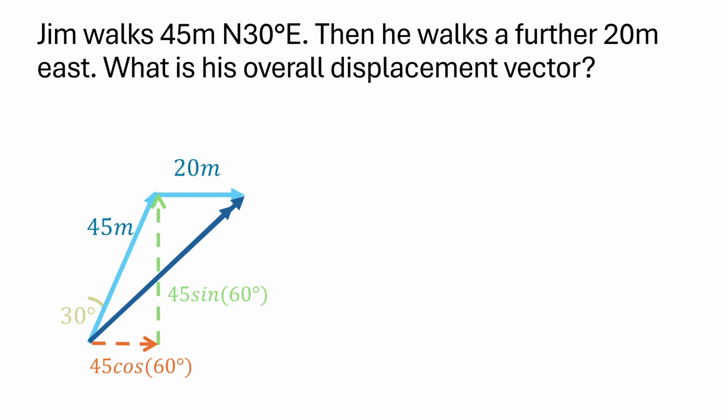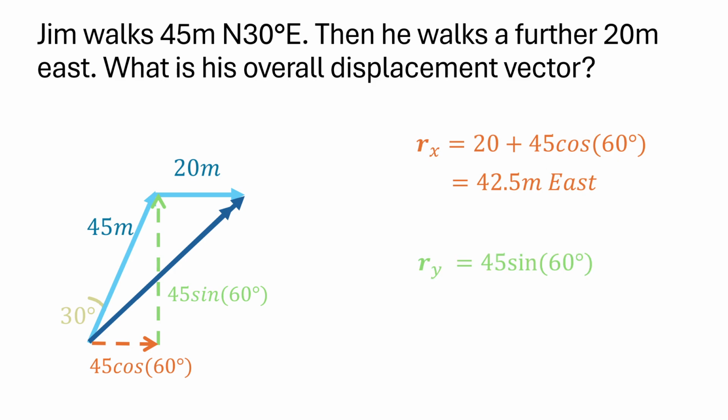So I'm not going to bother resolving it. So for the horizontal component of our resultant vector, it will be 20 plus 45 cosine 60 degrees, which is 42.5 meters to the east. And the vertical component of our resultant vector is just going to be 45 sine 60 degrees, which is 38.97 meters north.